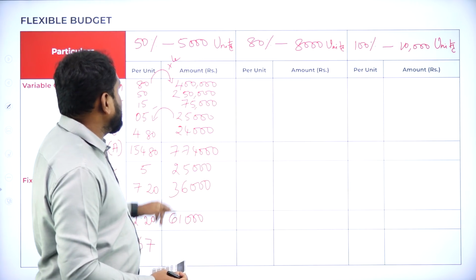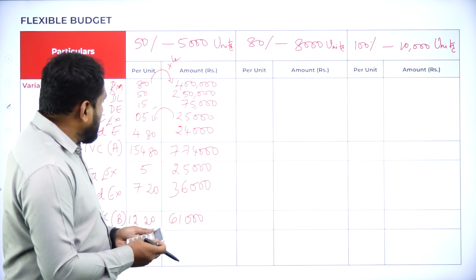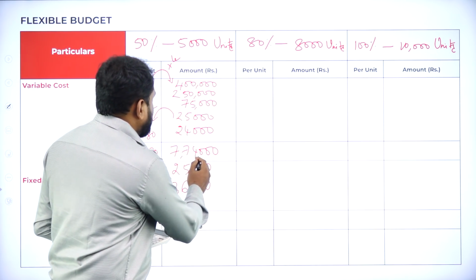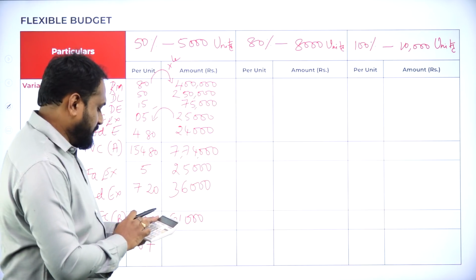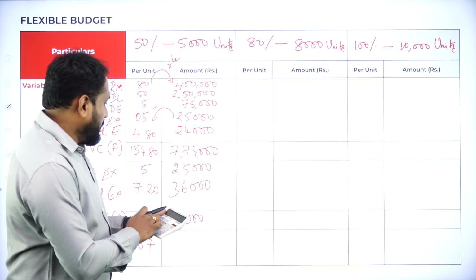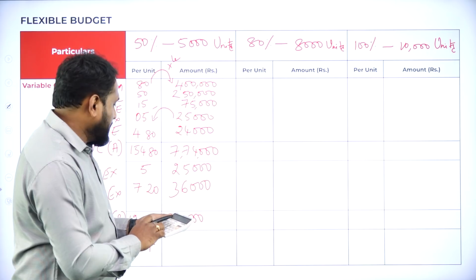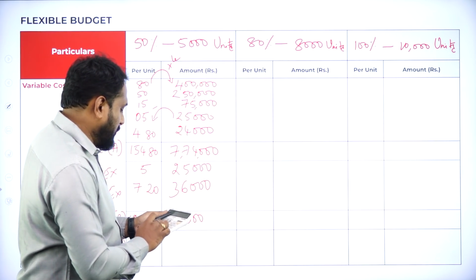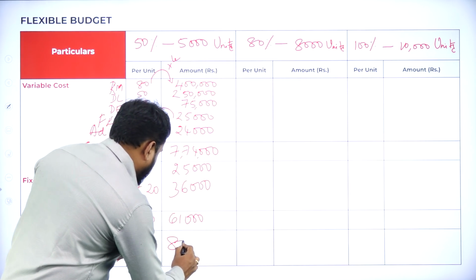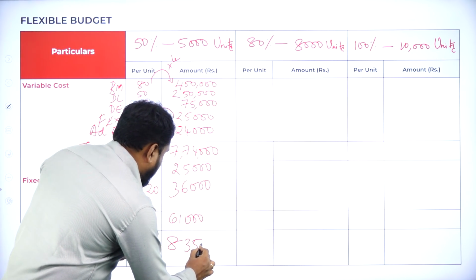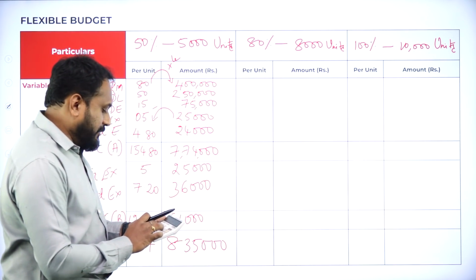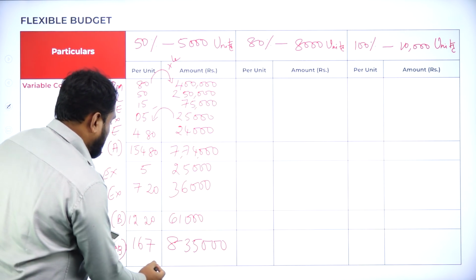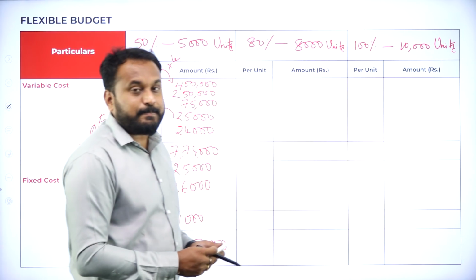If you multiply 167 into 5,000, or you do this, no issues. 7,74,000 plus 61,000 is equal to 8,35,000. Now if you divide it, students, by 5,000, you'll get 167. So whatever you have done is correct.